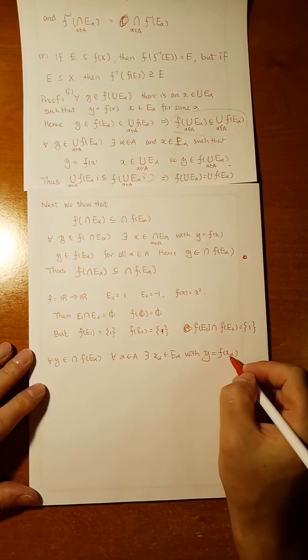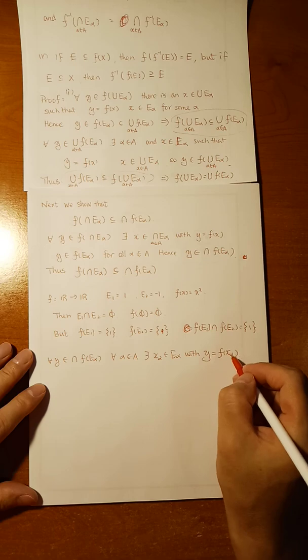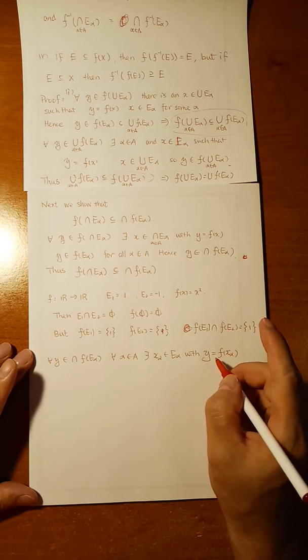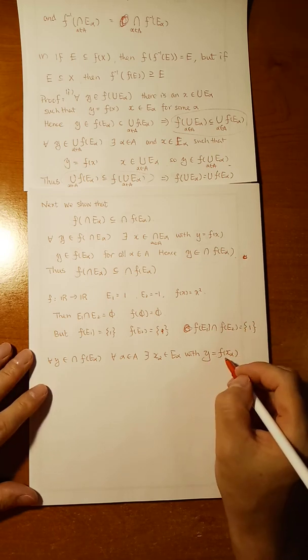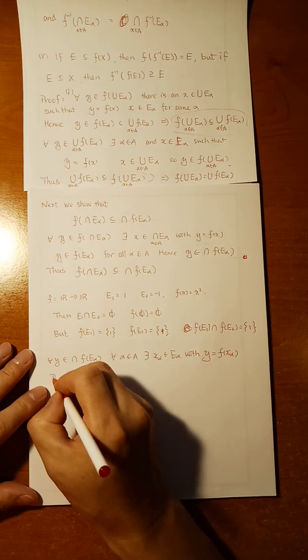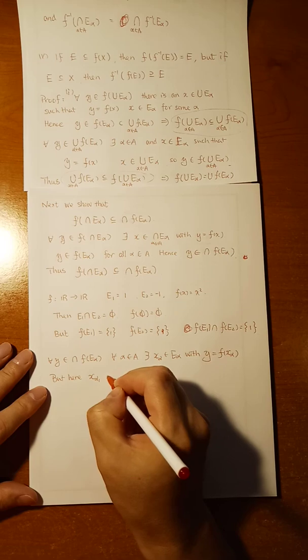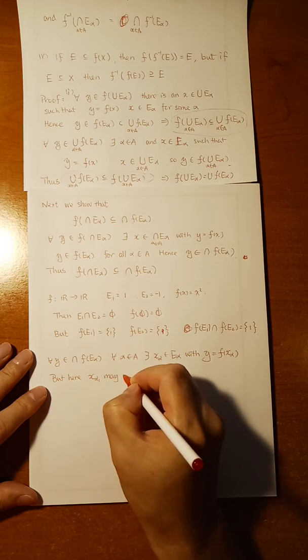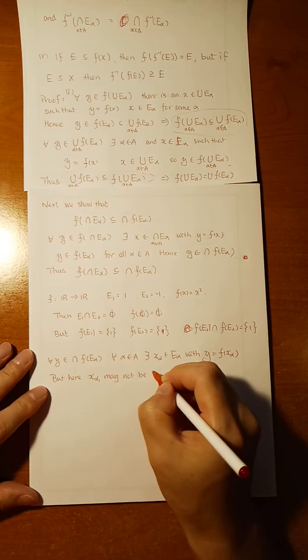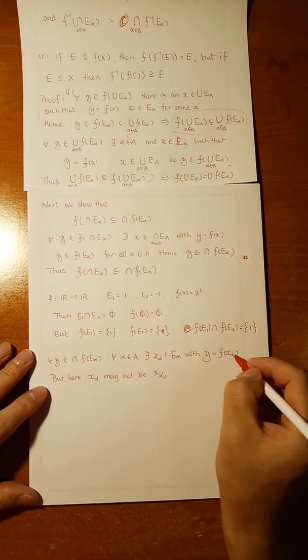The problem is you have no reason to claim that this x alpha is uniform. For different alpha, x alpha 1 may not be x alpha 2.